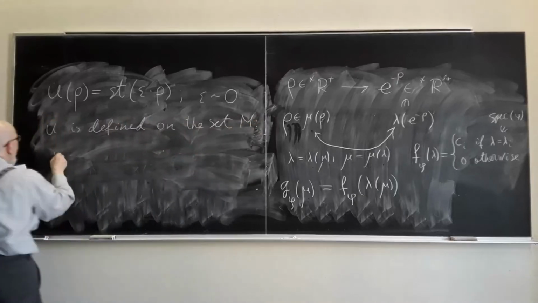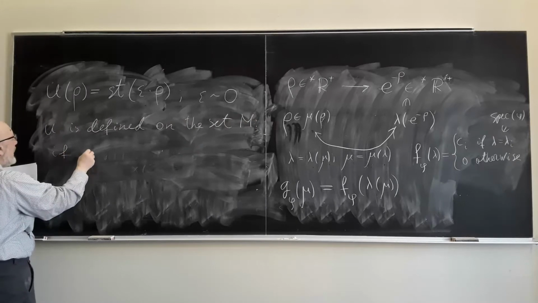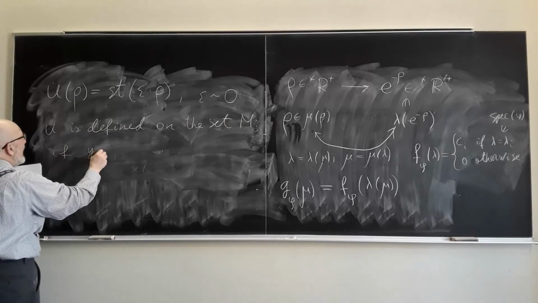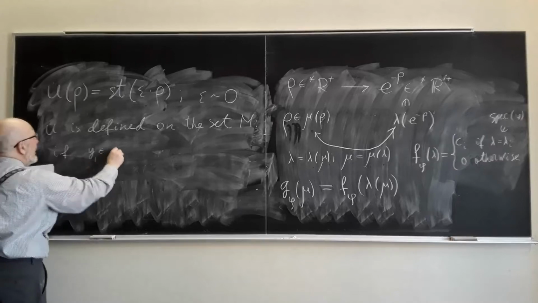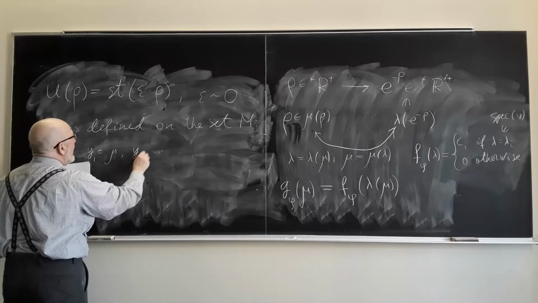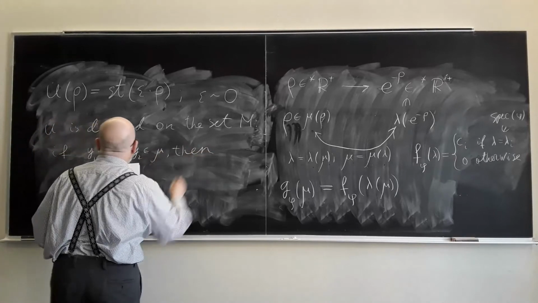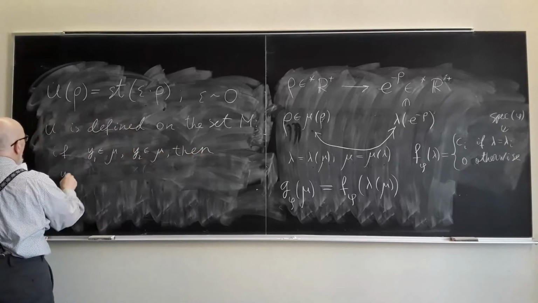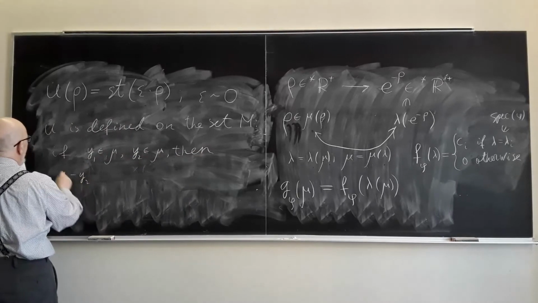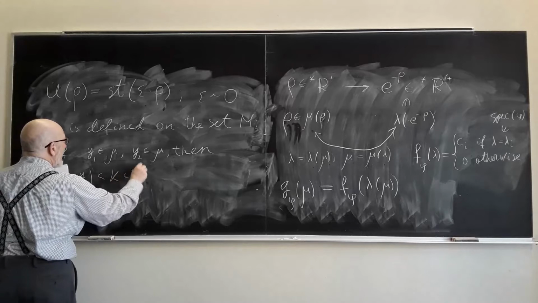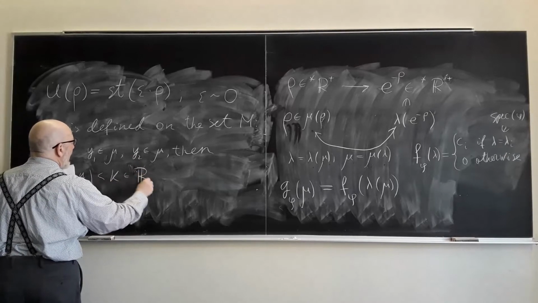Why? Say y1 in mu and y2 in mu, then y1 minus y2 is less than some k in R plus.